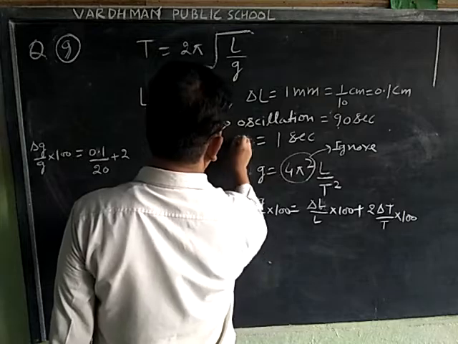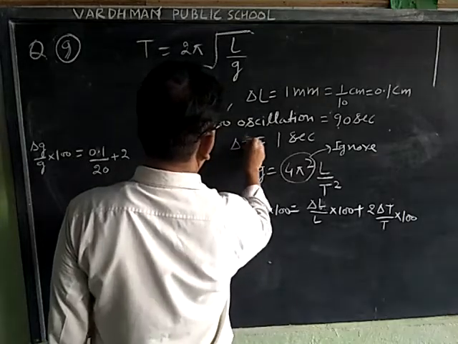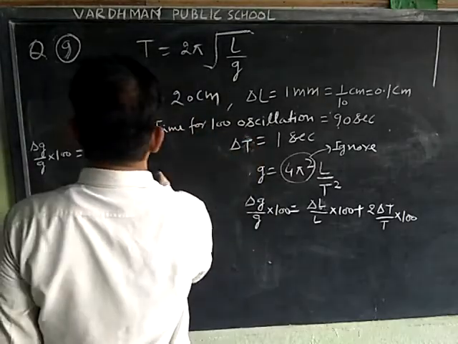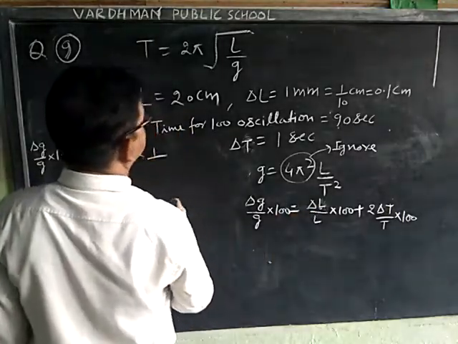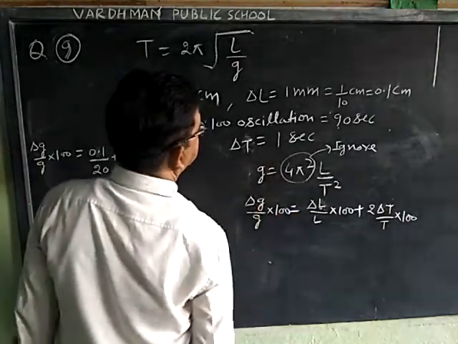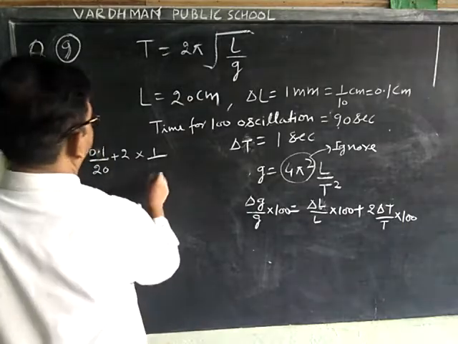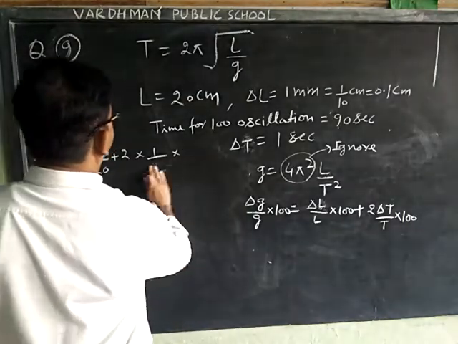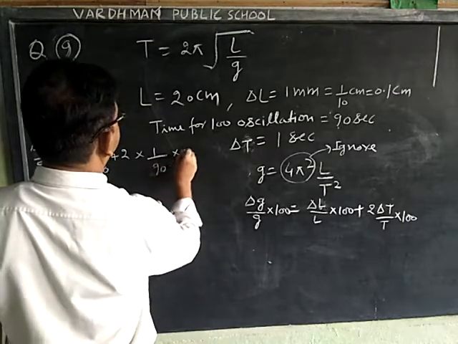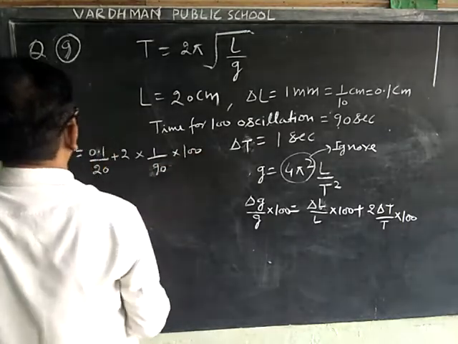This is delta T, 1 upon T, which is 90, into 100.